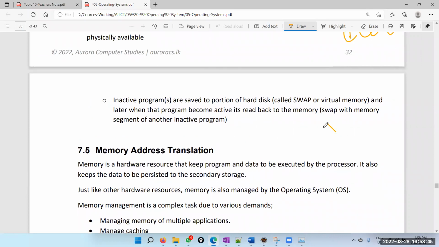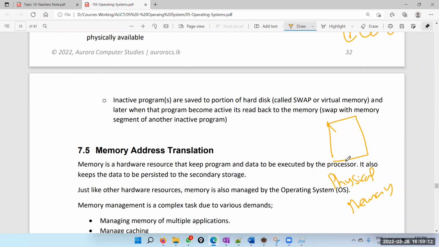So we have physical memory. What is physical memory? Your real hardware memory, not something borrowed from your hard disk or SSD. For example, in my case, my computer has 8 GB of physical memory.